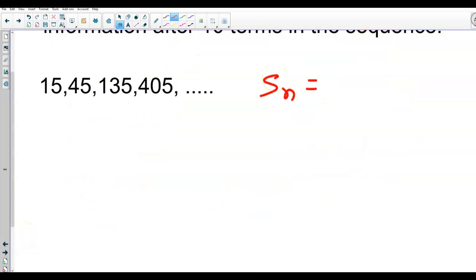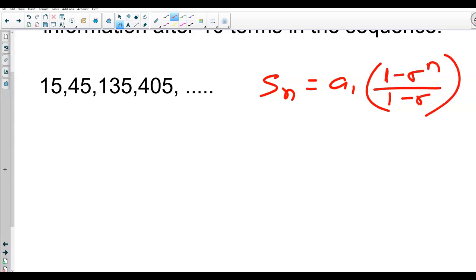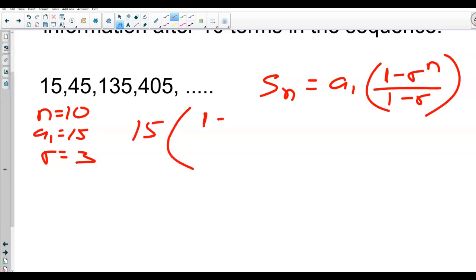S_n = a_1(1 - r^n)/(1 - r). So my n here is going to be 10, my a_1 is going to be 15, and my r is going to be 3. It's a lesson in putting it in your calculator. 15 times (1 - 3^10) over (1 - 3).